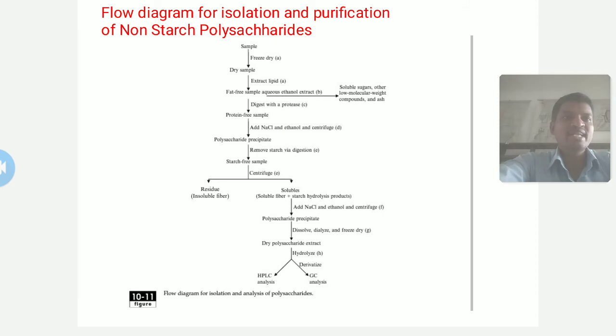Okay, then the residue is digested with a protease enzyme. Then you will get a protein free sample. Then to that protein free sample add sodium chloride salt and ethanol and again centrifuge. Okay, you will get a polysaccharide precipitate.